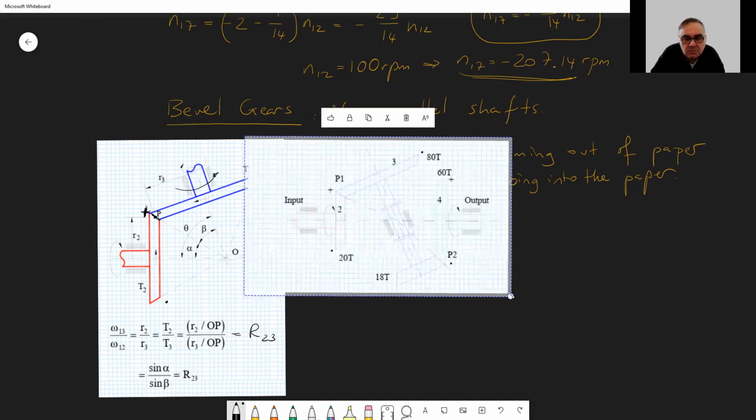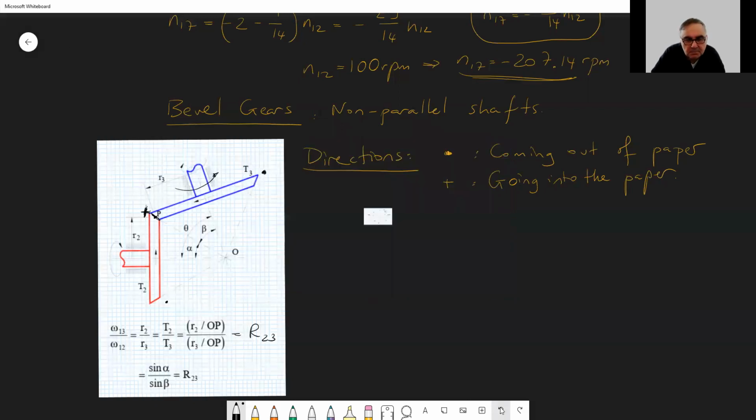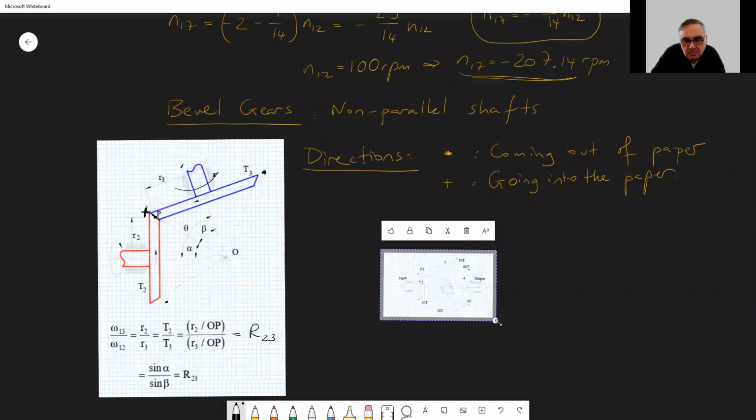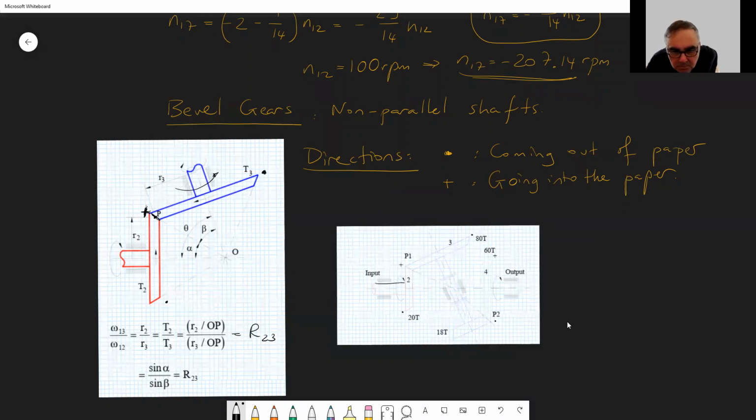This came out to be very cool drawing. I have to draw it myself again. This is the input shaft. There is a bevel gear here. Another bevel gear there.